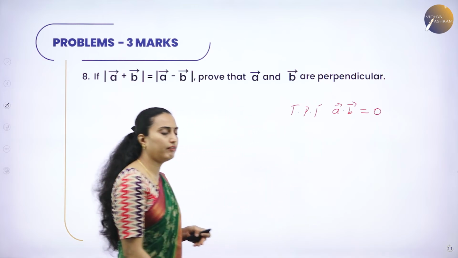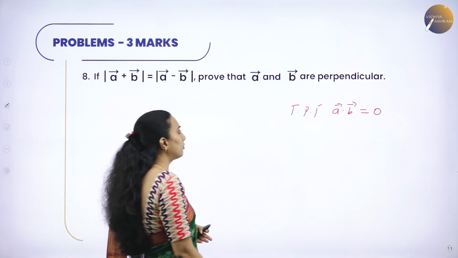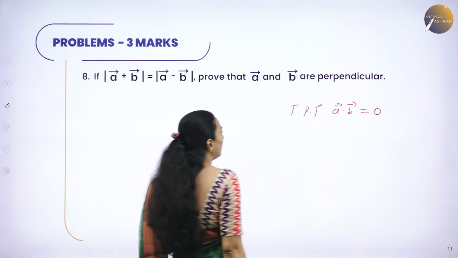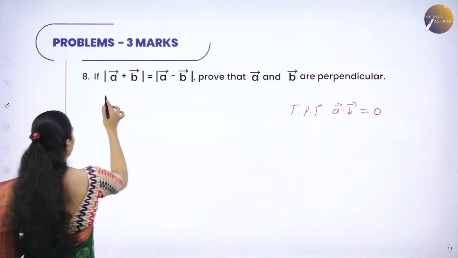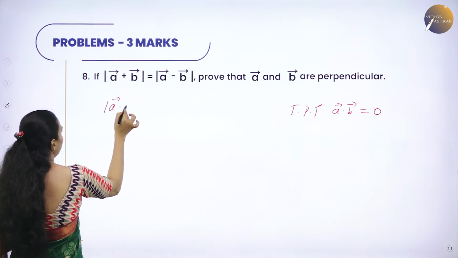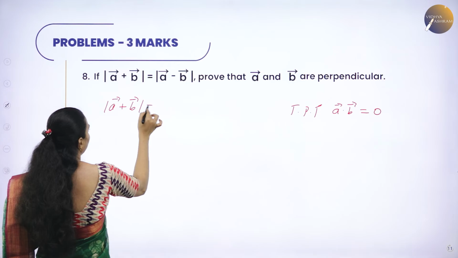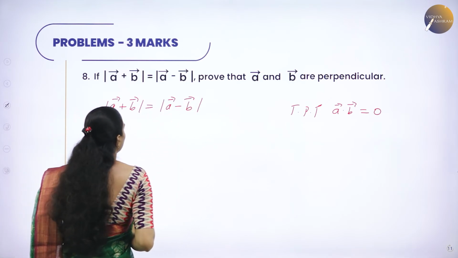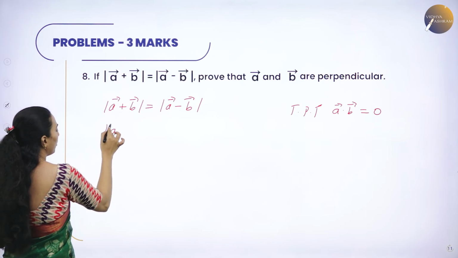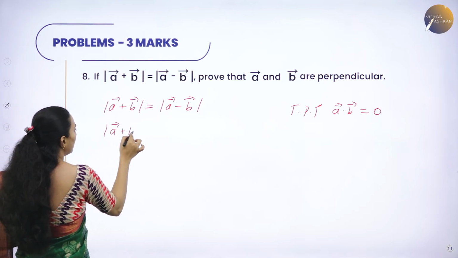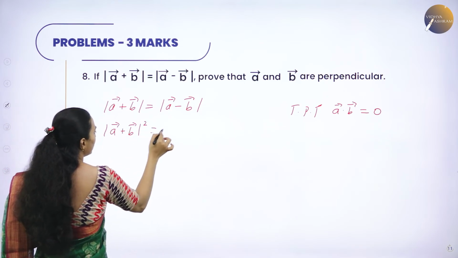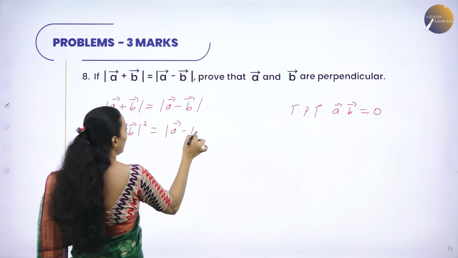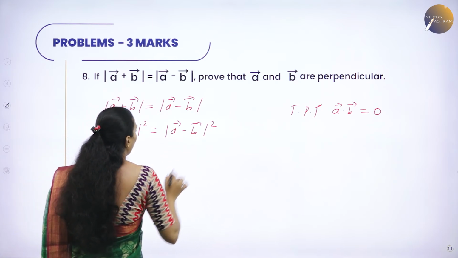To prove that A vector dot B vector is equal to 0, let us take whatever they have given. Magnitude of A vector plus B vector is equal to magnitude of A vector minus B vector. You can square both sides. Magnitude of A plus B squared equals magnitude of A minus B squared. Now let us expand this.